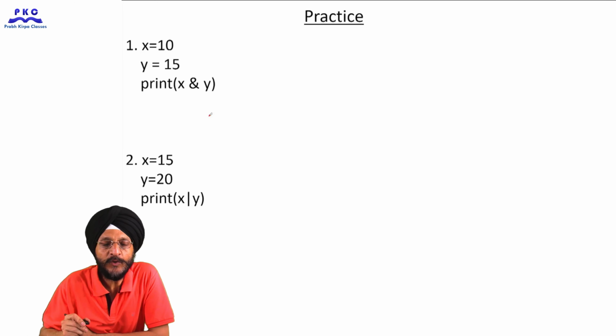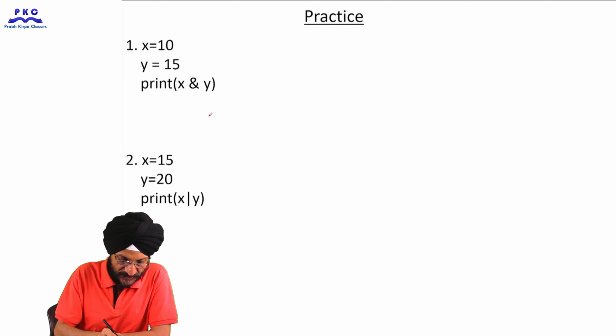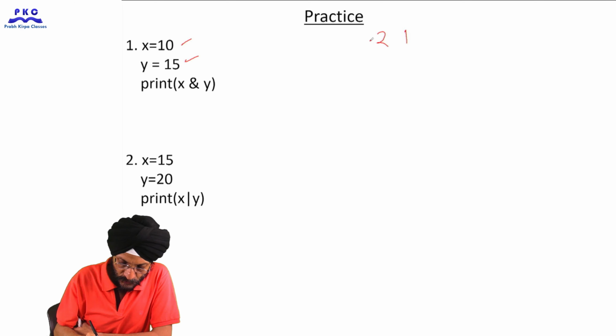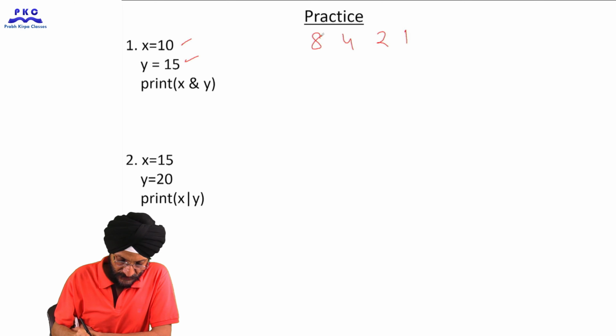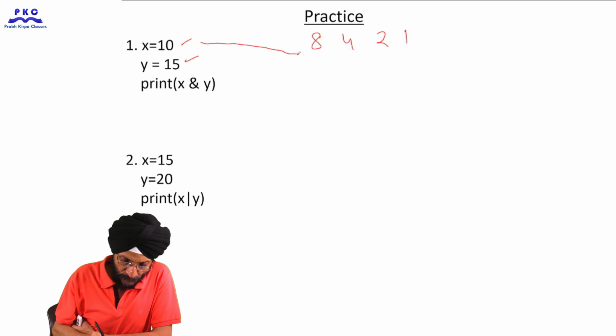So first of all, what will we be doing? We will be converting these values into binary numbers. How will we get the value of 10 into binary? It is in this way. In case of 15, we will get 8, 4, 2, 1.